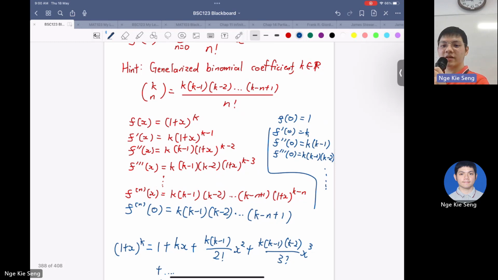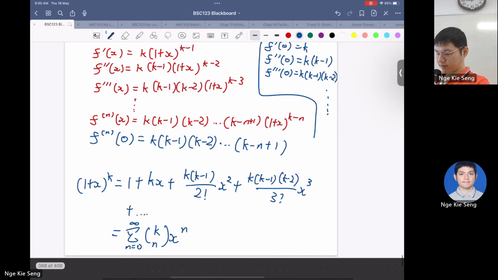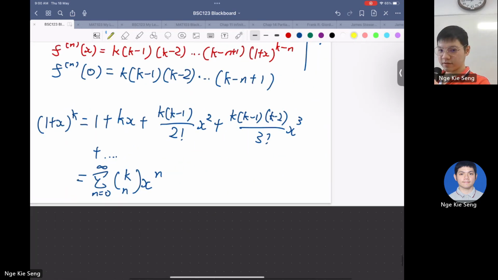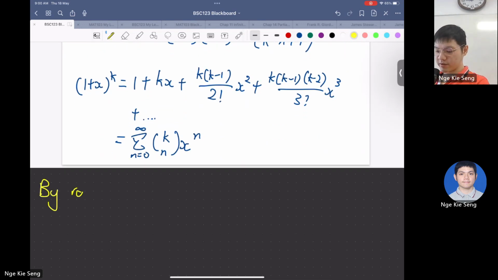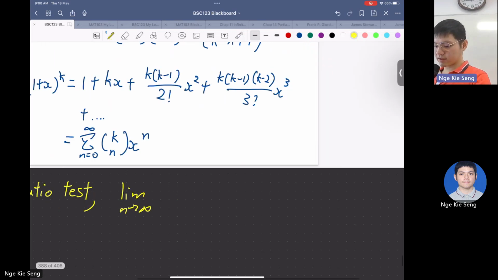You want to check whether this has a radius of, what's the radius of convergence? So by ratio test, you need to make sure the a_(n+1) over a_n term, with modulus, is limiting to a number that is less than 1. So what's this a_(n+1) and a_n term here?